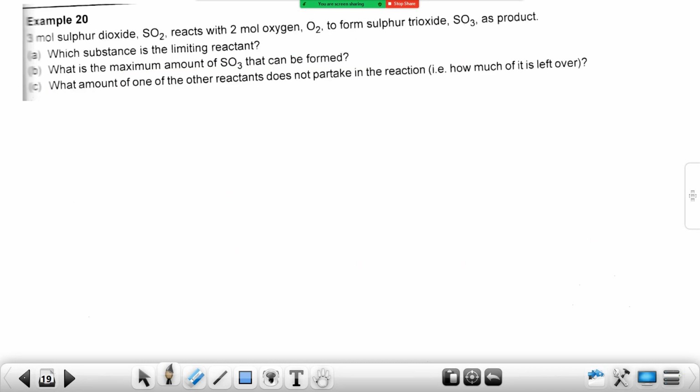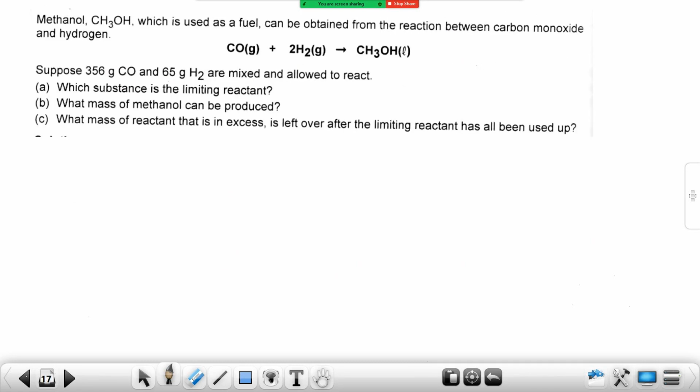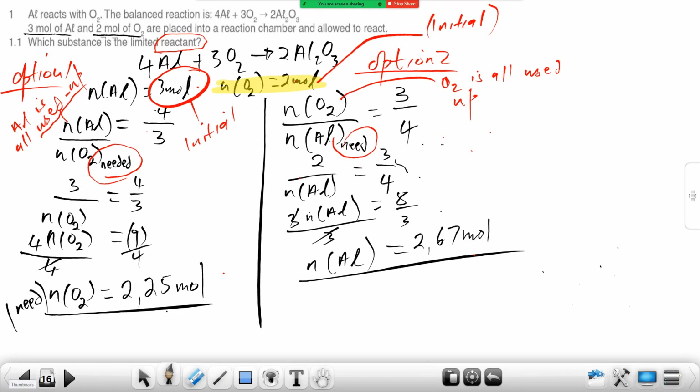So let's go to the science. I only have how many? I only have 2 moles of oxygen out of the 3 moles of aluminium. What is this calculation for option 1?